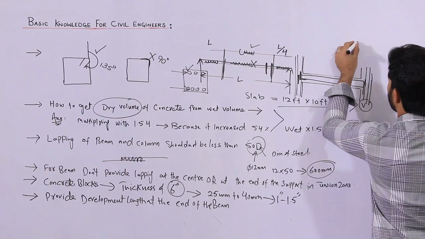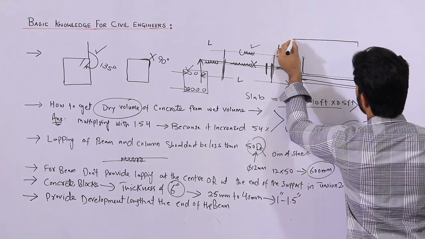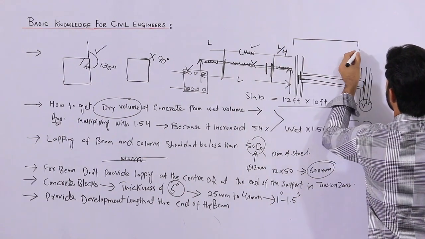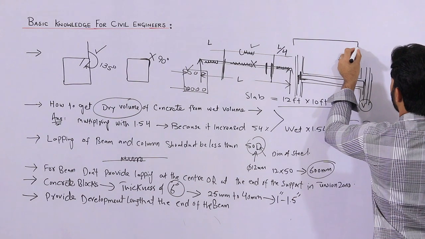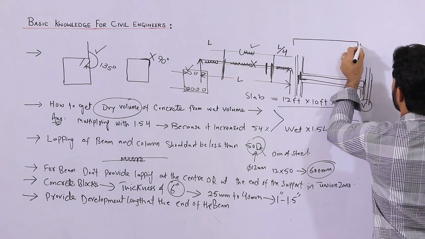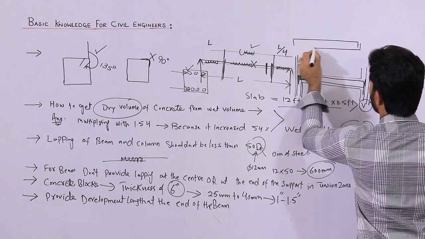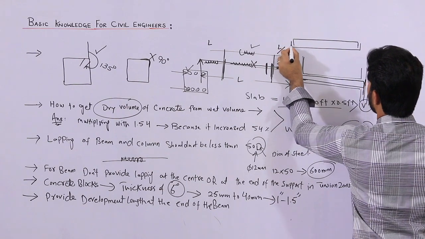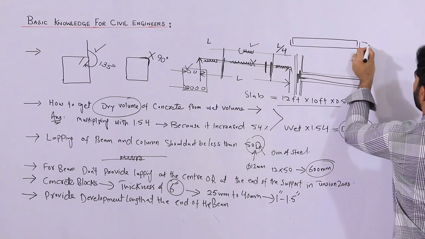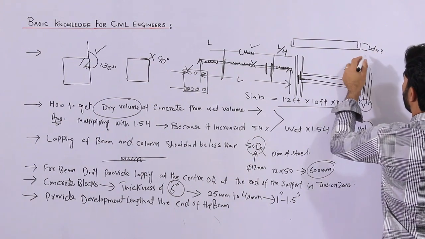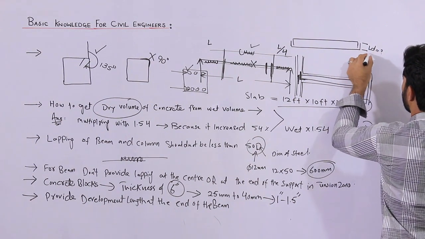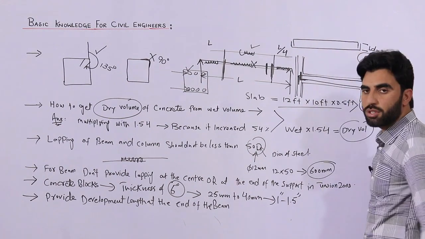You can see these are the steel reinforcement for the top and these are for the bottom. So this is the upper portion and this is the lower portion. These are development length, you can say Ld. This development length should not be less than 9 inches.